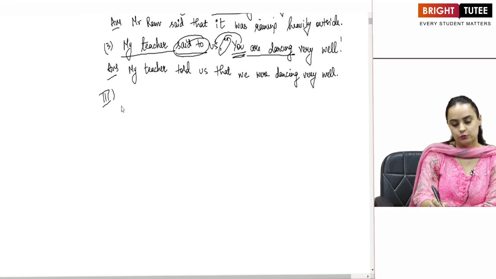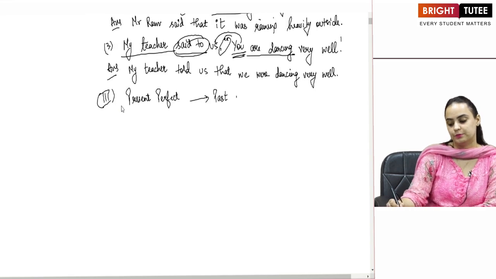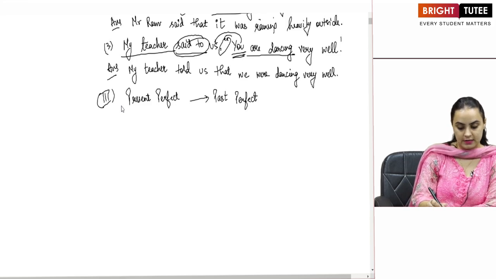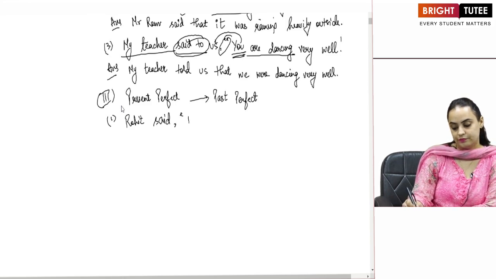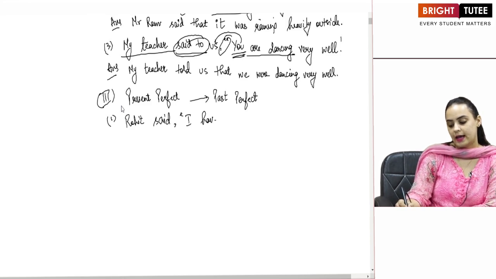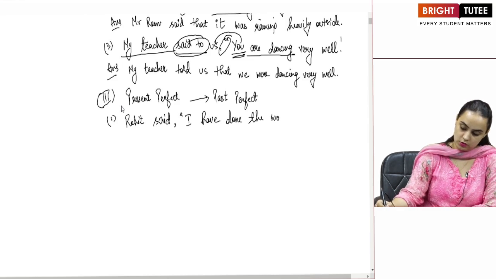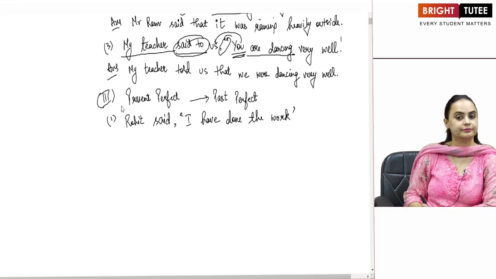The next rule is present perfect changes to past perfect. Examples. Rohit said, I have done the work. Okay.